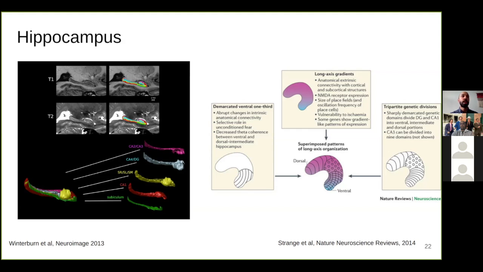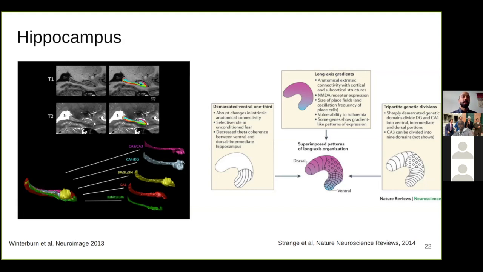And then conversely, on the right, you see an image from a review by Strange et al., where they talk about both genetic and functional data pointing to differentiation along the anterior-posterior axis instead. So depending on what type of information you're looking at in the hippocampus, the direction in which you expect to see the spatial variance can vary greatly.